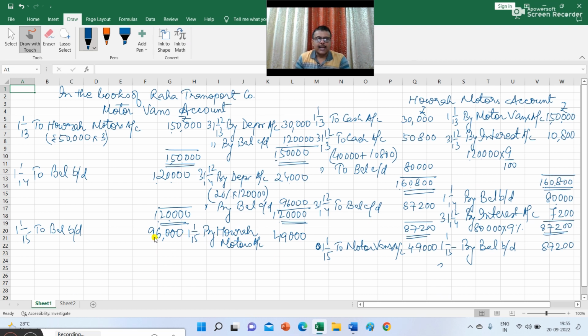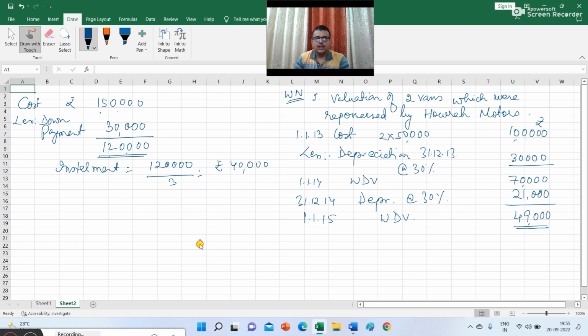That is 96,000 into 2 by 3. So this is the working note number 2. Written down value of two motor vans in the books of Raha Transport.